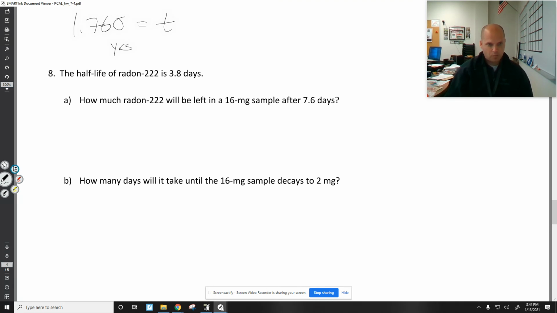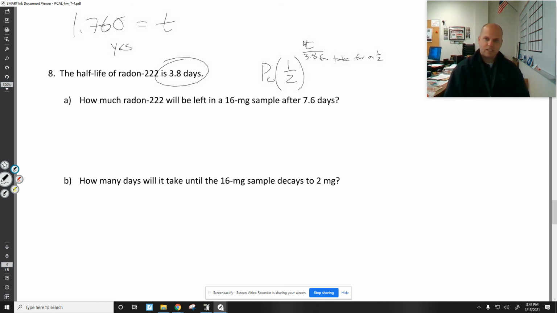Half-life. There's a half-life formula where it's initial amount, present value times 1/2 to the amount of days or years or whatever divided by how long it takes for it to be half of its initial amount. So if the half-life is 3.8 days, this becomes 3.8.